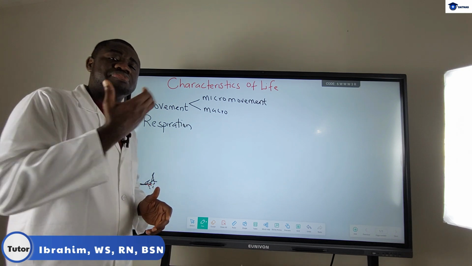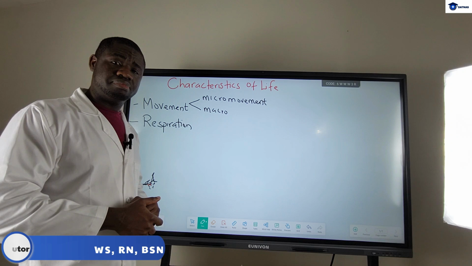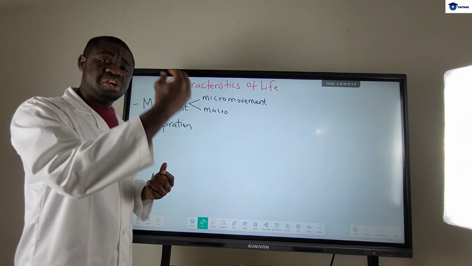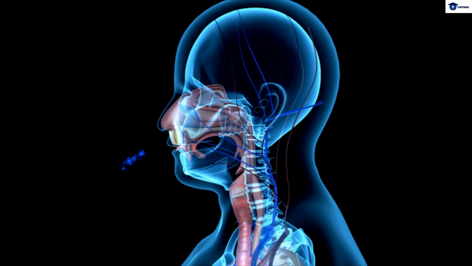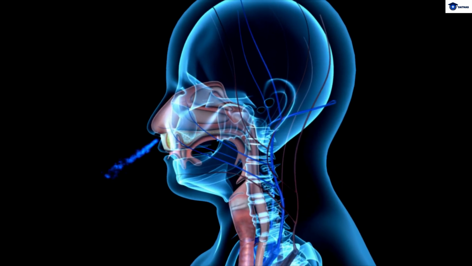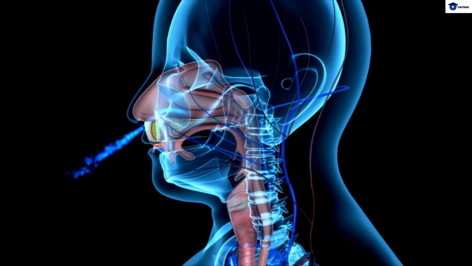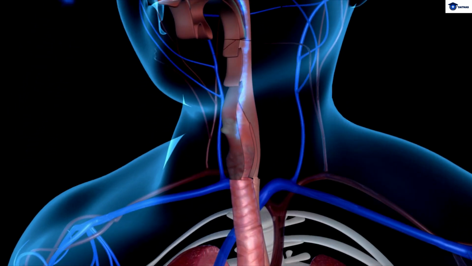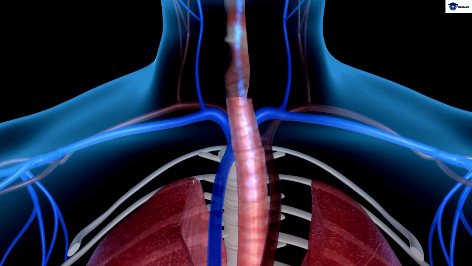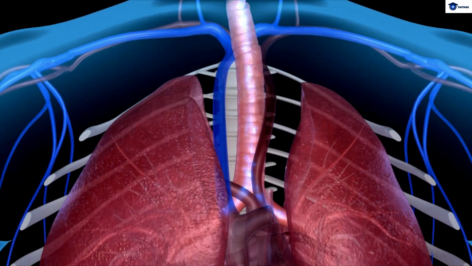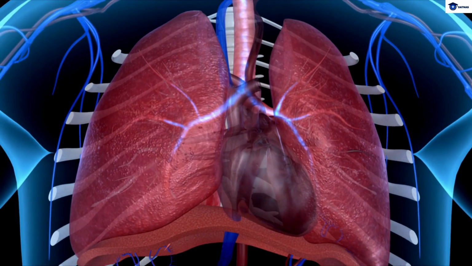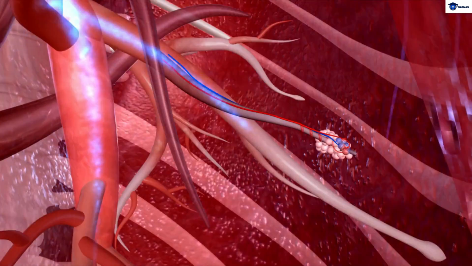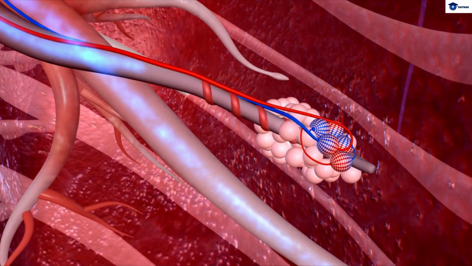That is a kind of movement. And when you breathe in, oxygen goes in, and when you exhale, carbon dioxide goes out. This will continue as long as life is present in a human being. Another one is growth.